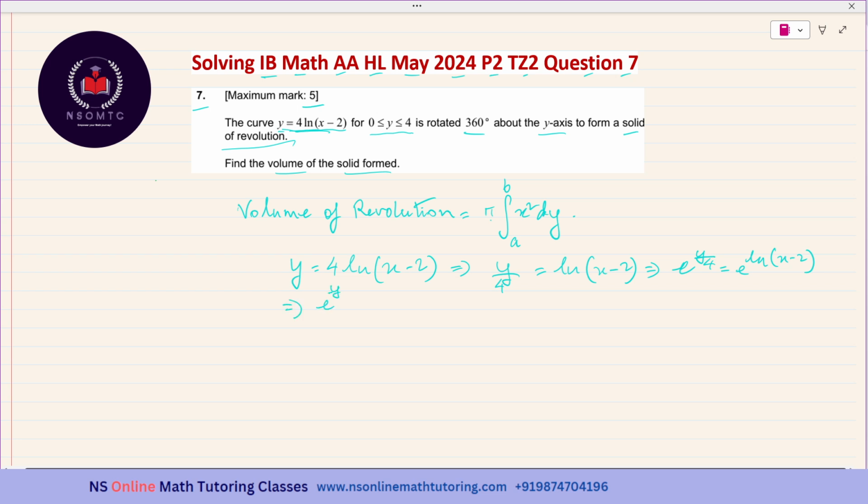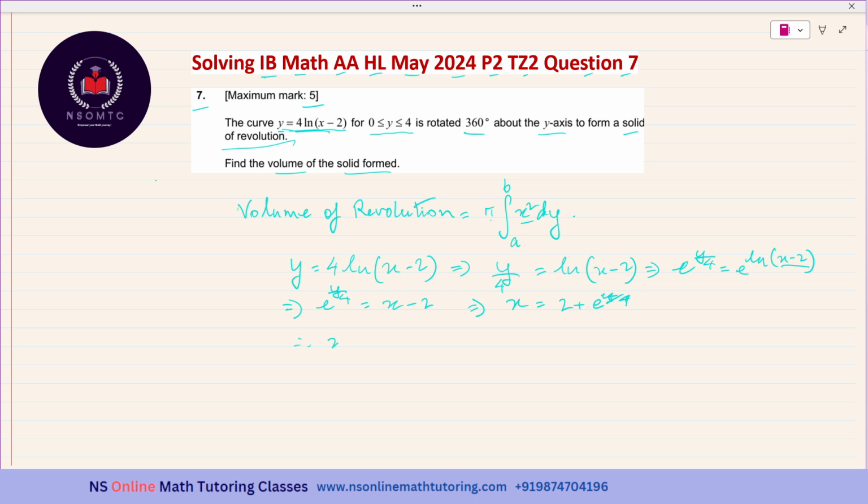We will be having just the argument, x minus 2. So x is equal to 2 plus e to the power of y over 4.